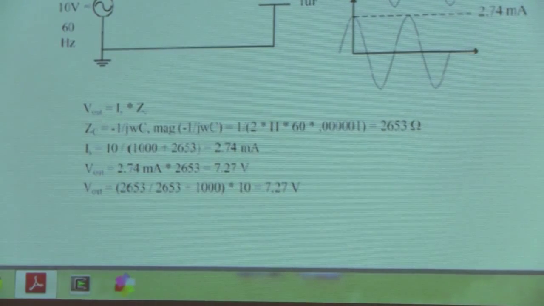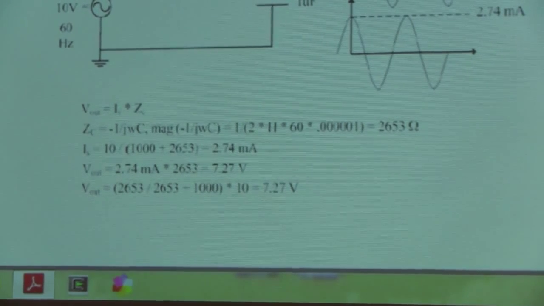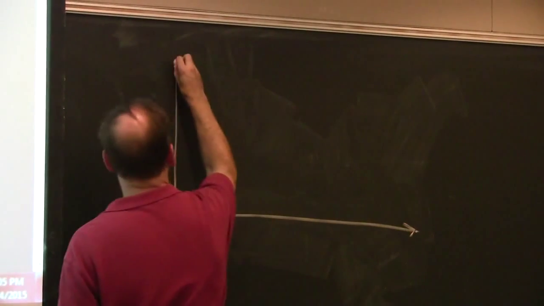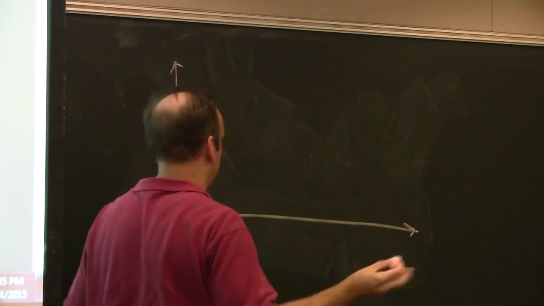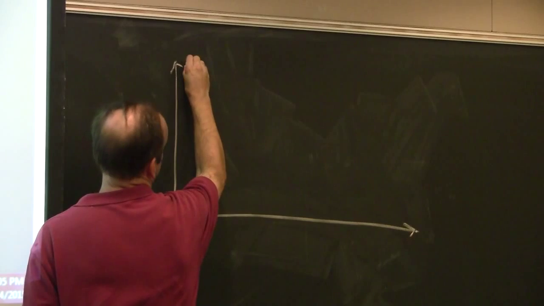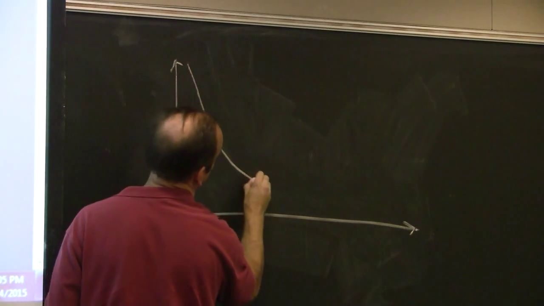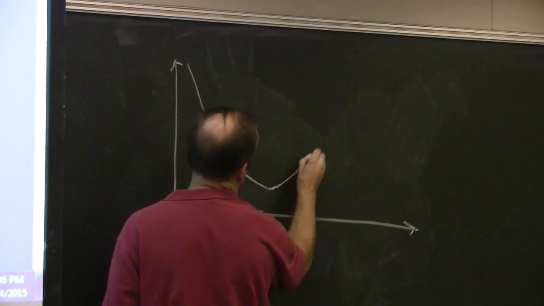I don't have specifics for you, and I'm going to do this from memory, so it may not be totally right. But if you look at a larger value capacitor, say an electrolytic, it starts out here at pretty much infinity, comes down, that's a pretty deep null, resonates, and then starts to go back up again.